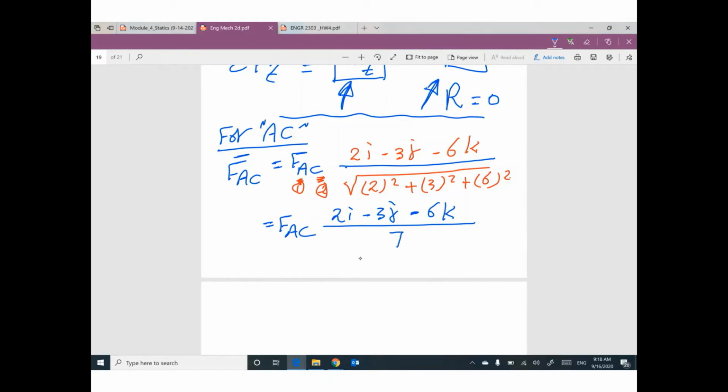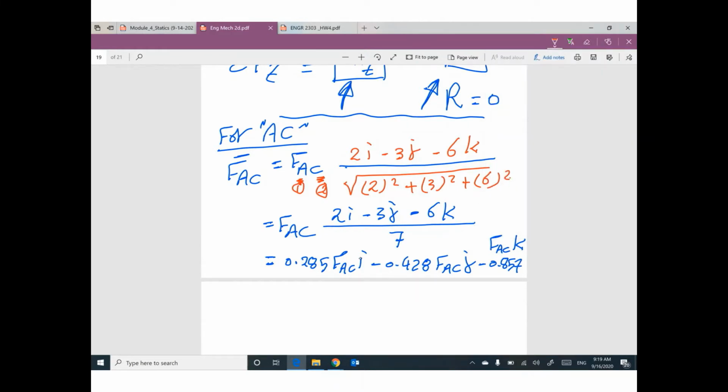If you would like to simplify it more, we have 2 divided by 7, which will be positive 0.285 FAC i, negative 3 divided by 7 will be 0.428 FAC j, negative 6 divided by 7 will be 0.857 FAC k. I am done with the second force.